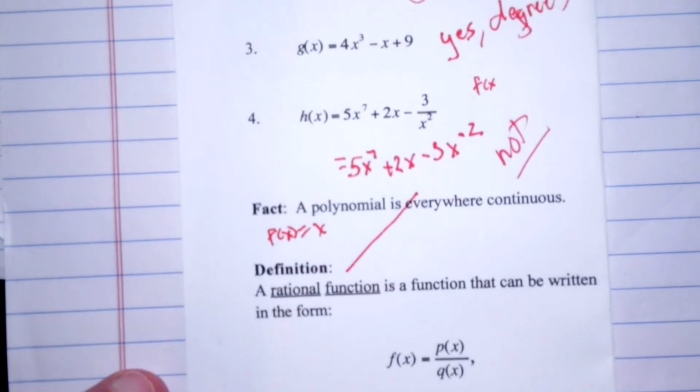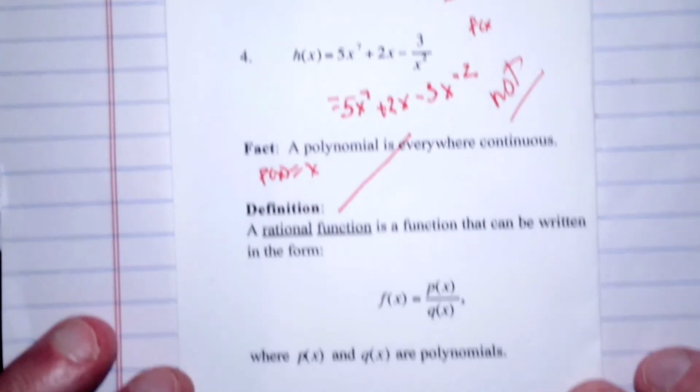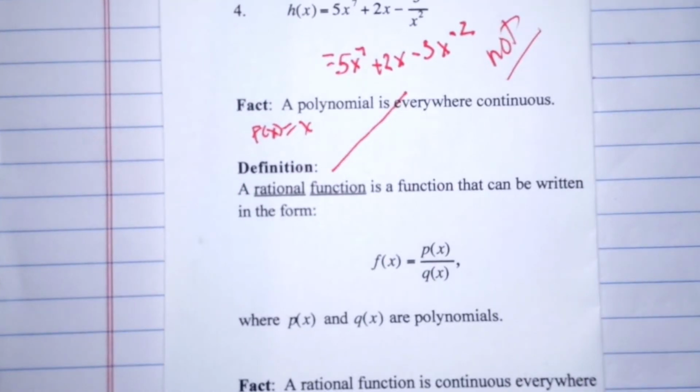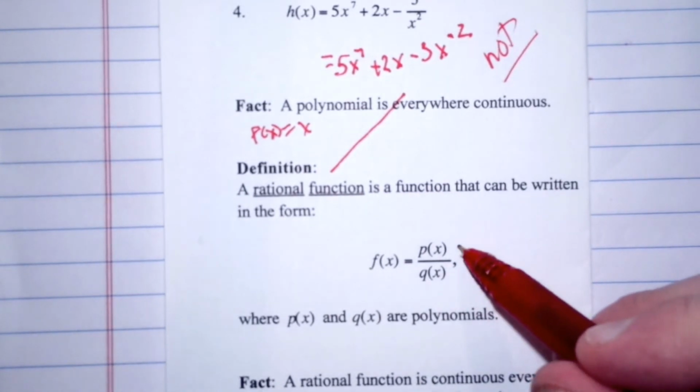Let's talk about one more definition. A rational function is a function that can be written in the form p of x over q of x, where p of x and q of x are each polynomials. So a rational function is just a polynomial divided by a polynomial. Now, the numerator in a rational function is continuous everywhere.